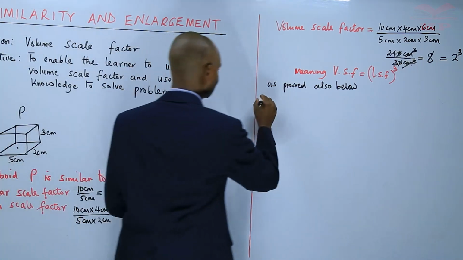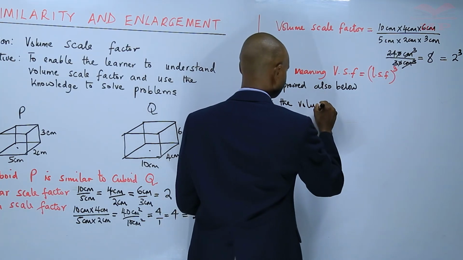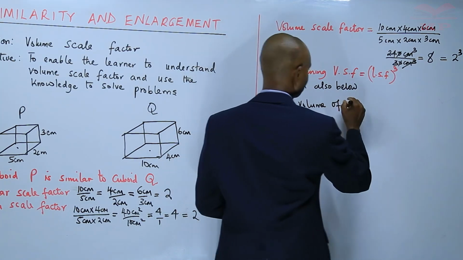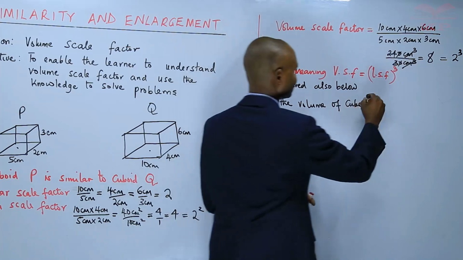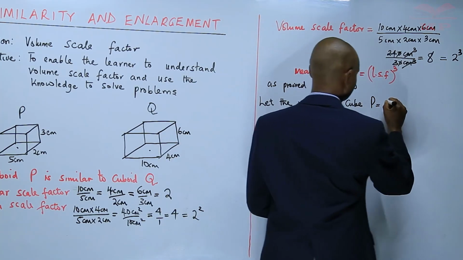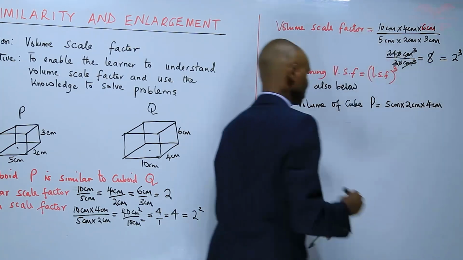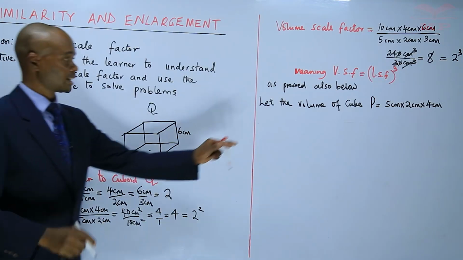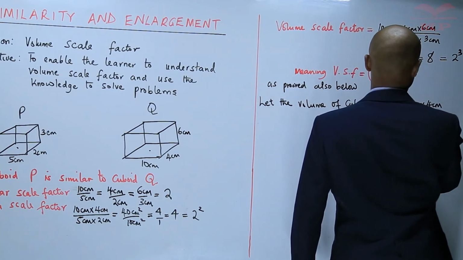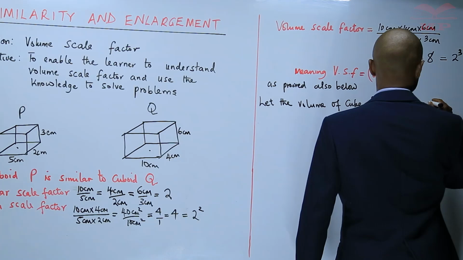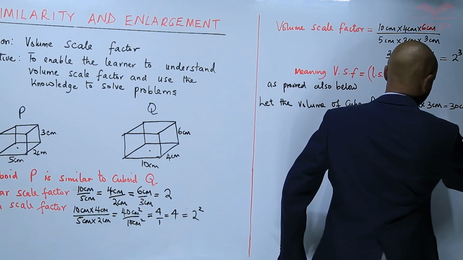Let the volume of cuboid P be 5 centimeters times 2 centimeters times 3 centimeters. If I work that out, 5 times 2 times 3, I'll get 30 cubic centimeters.